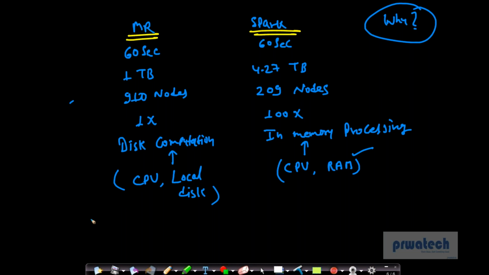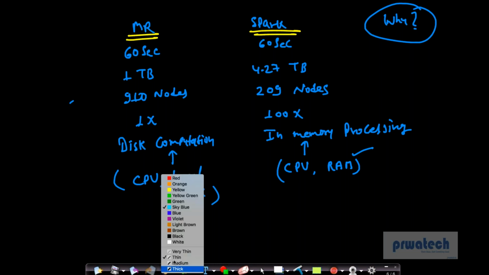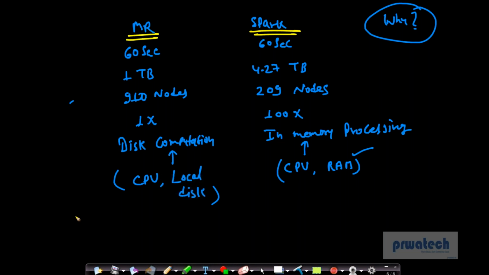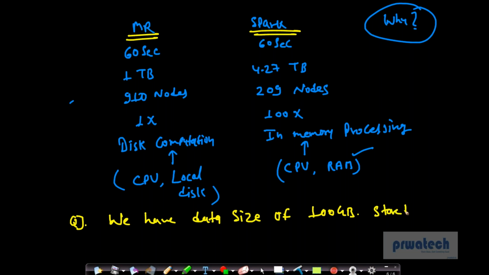It doesn't mean that you say, okay, this looks amazing. I will give you one requirement where you need to process a data size of 100 GB, stored in HDFS using replication factor and the Hadoop concept.